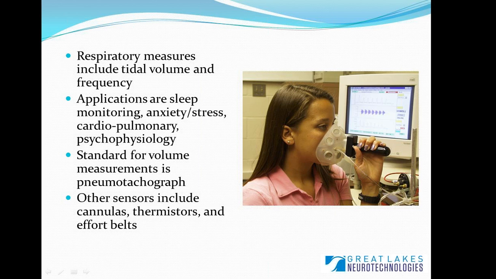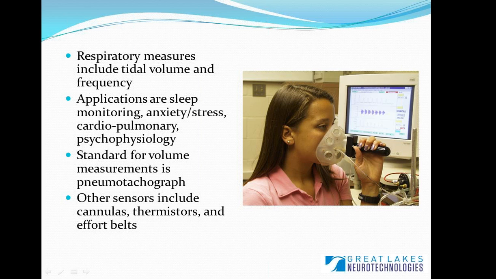As I mentioned, a type of measurement that's very common in terms of respiration is volume. Currently, many people will use what's called a pneumotachograph. It is a face-worn sensor similar to what you see in the picture on the right. It's a mask that goes over the nose and the mouth, and that's what records inspiration and expiration.